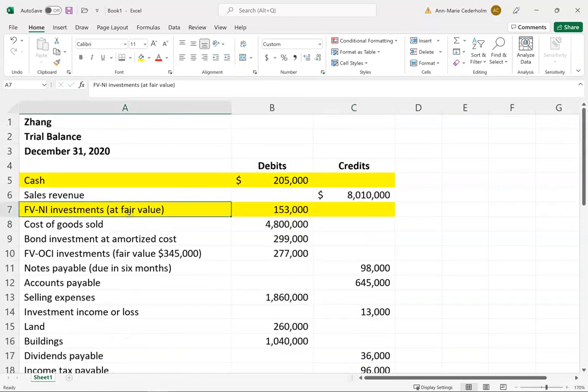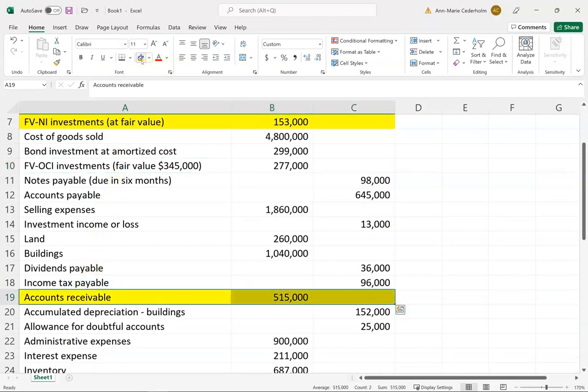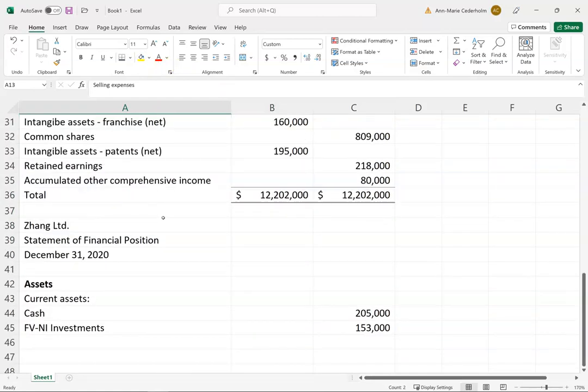And this isn't in order of current assets, long-term assets, current liabilities, long-term liabilities, equity, and then income, then expenses. So it's just sort of all the accounts are scrambled. So it makes it a little bit harder for me to find everything. But if I just look through all of these, here's another one. So then accounts receivable.